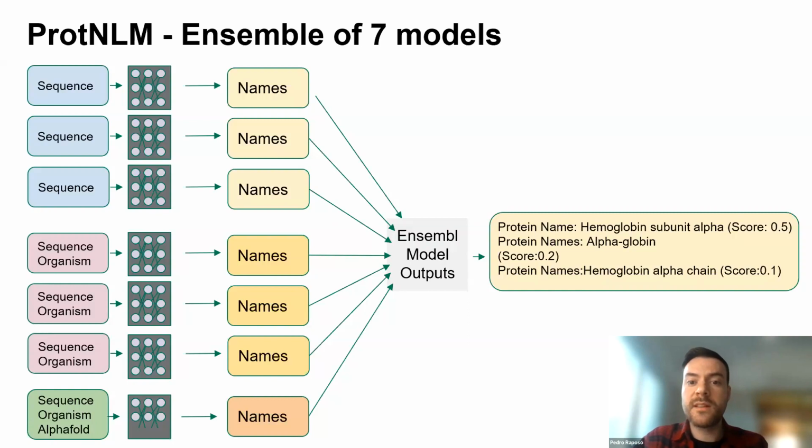At the moment, it uses an ensemble of 7 different models to predict the name. 3 are going to analyze the protein sequence. 3 are going to analyze the organism taxonomy. And an additional one is used if we have an AlphaFold 3D structure. Put simply, each model provides a score, which is calculated at the end to have the final score and to provide the name.